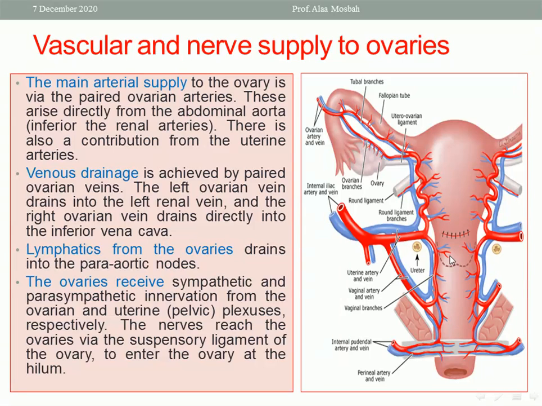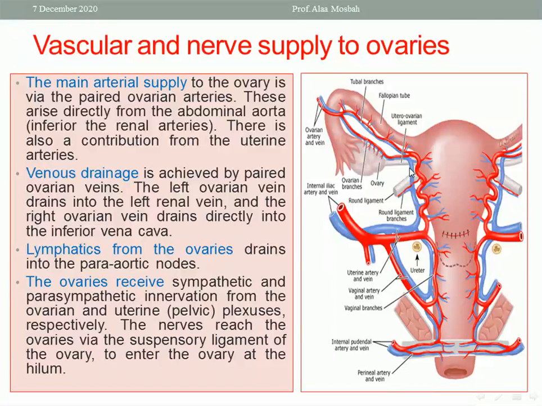So, what about the vascular and nerve supply to the ovary? The main supply to the ovary is the ovarian vessel arising from the abdominal aorta. Also, other than the ovarian, some tributaries come from the uterine artery, especially at the cornu, where there is uteroovarian anastomosis and plexus.